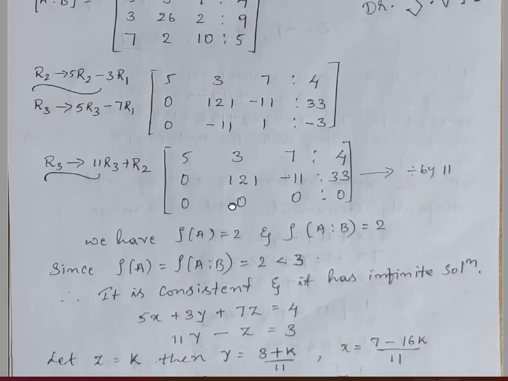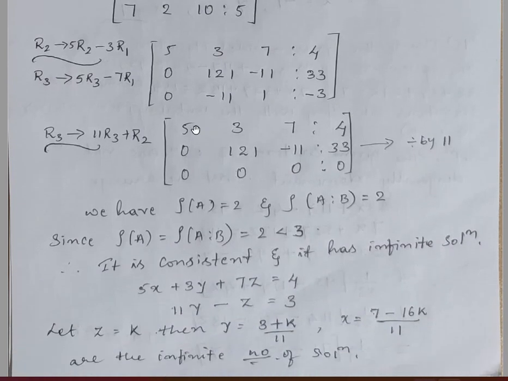I will rewrite the given system of equations as 5x plus 3y plus 7z equal to 4. Here, dividing by 11, I got 11y minus 1z equal to 3. That is what I have written. Now I am going to assume that z is some arbitrary constant k, z equal to k.